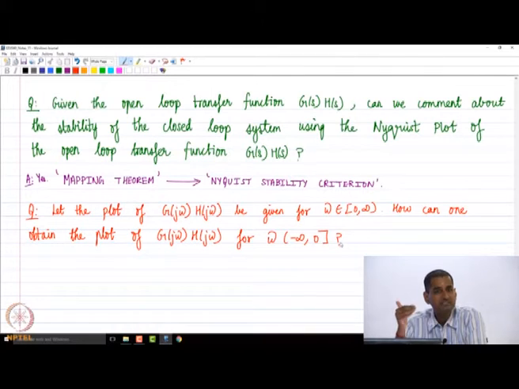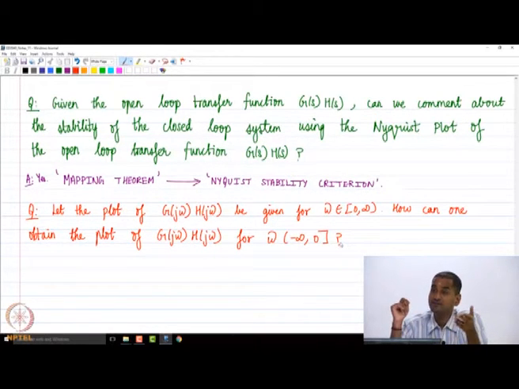But let us now look at omega as a parameter, rather than associating the meaning of frequency. Let us say I substitute s equals j omega. Omega is now a parameter, and that parameter can vary from minus infinity to plus infinity. I am given already the Nyquist plot of the transfer function when omega varies from 0 to infinity.